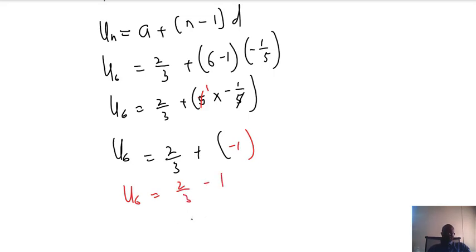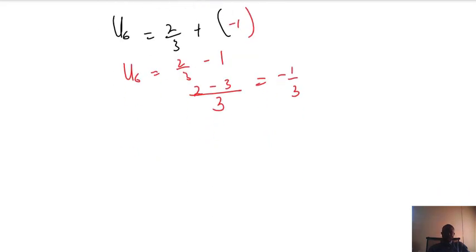So here we find the LCM, and the LCM is what? 3. So 3 goes into itself 1, and 1 times 2 will give us 2. And here 1 goes into 3, 3 times negative 1 will give us negative 3. So you get negative 1 over 3.